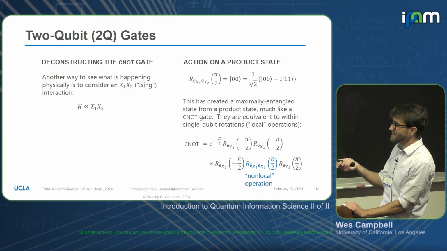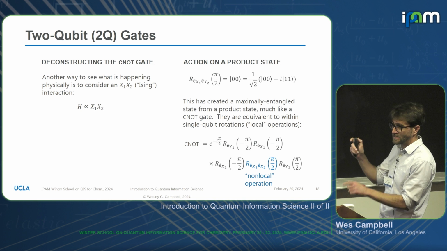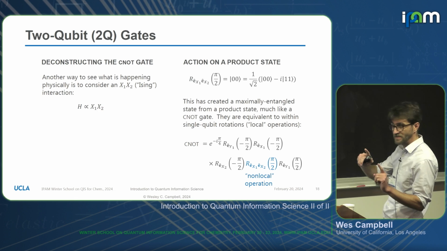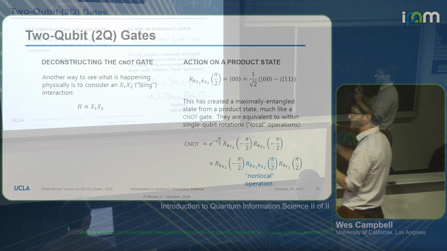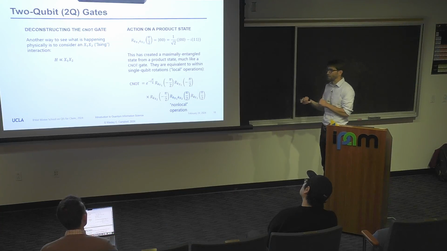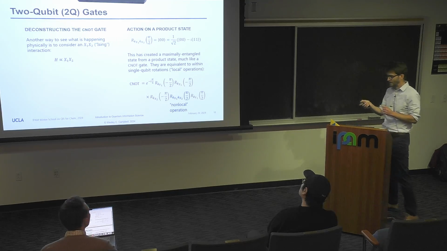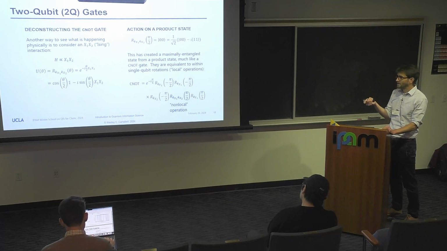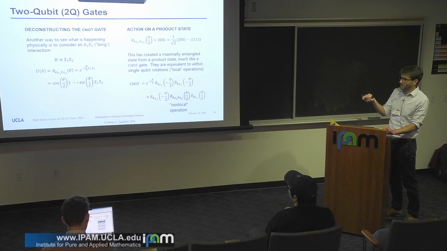So we can consider an Ising interaction, okay? If you've ever heard of the Ising model, this is spins that interact based entirely upon their orientations and in particular their projections in the x direction. This would be an x-directed Ising model, okay? If that's the Hamiltonian, then we can use this to create the time evolution operator, right?